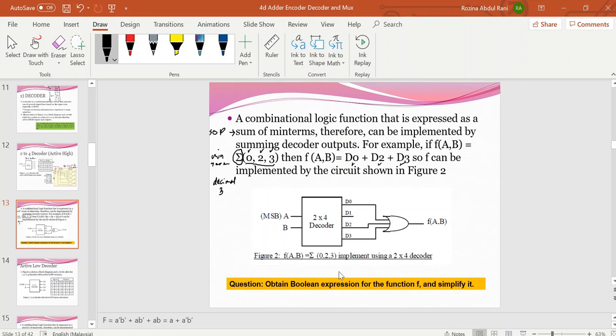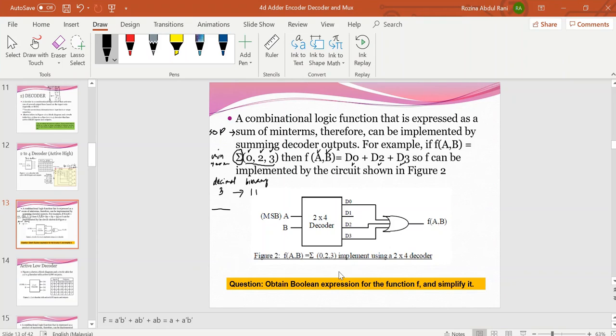If you convert 3 into a binary number, 3 equals 1, 1. This means the number of variables involved for this Boolean function is only two, which are A and B.